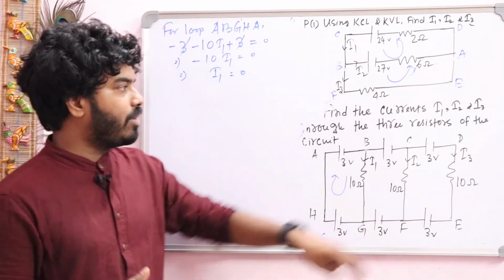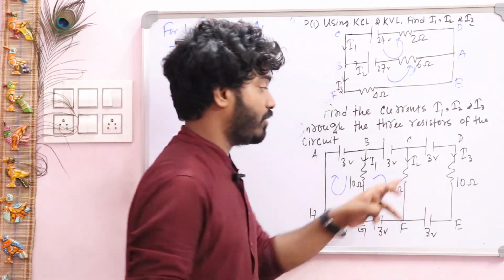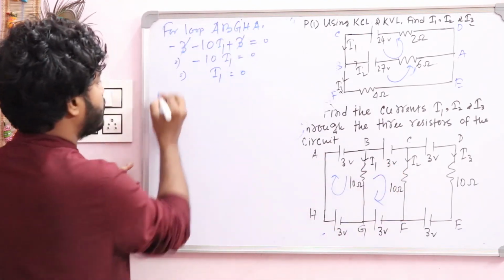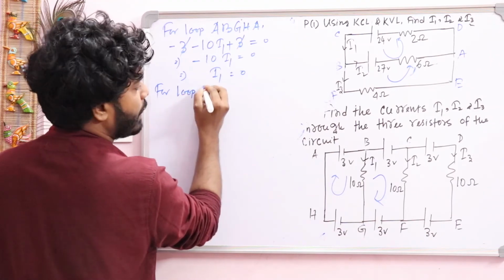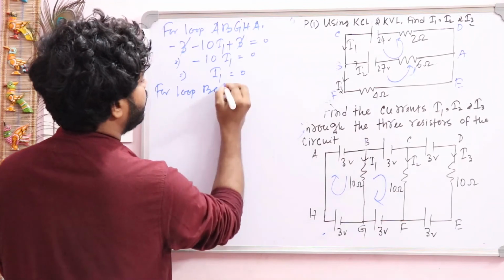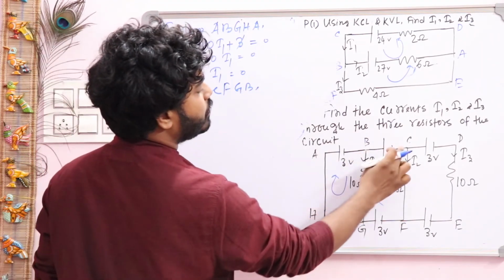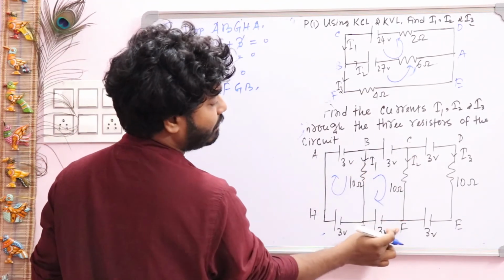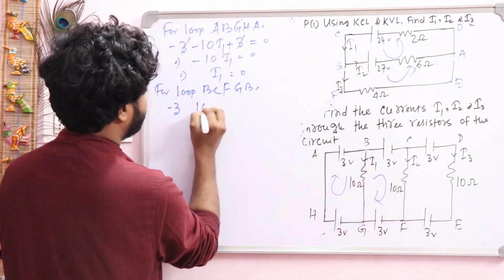Now for solving the value of current I2, you consider this loop, because here is I2. So you just consider the second loop. Okay, write it down. For loop B C F G B, write down B to C, positive to negative, that is -3. Now C to F, that is 10 into I2, so this one is 10 I2.